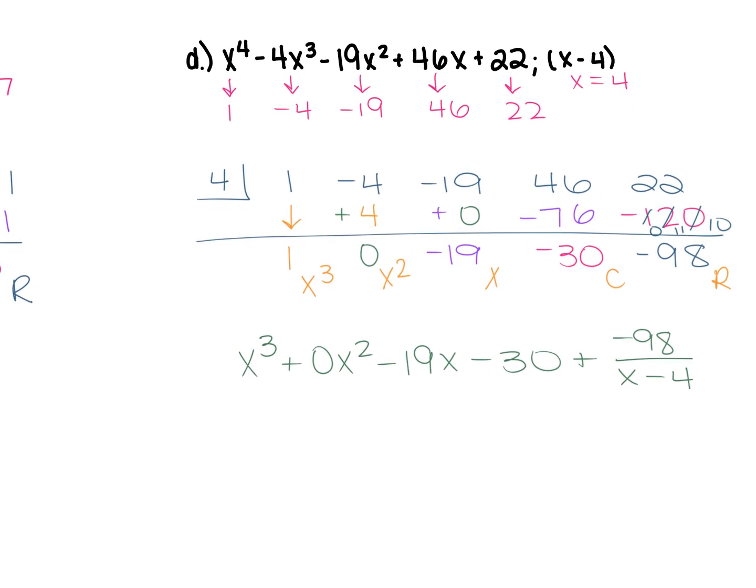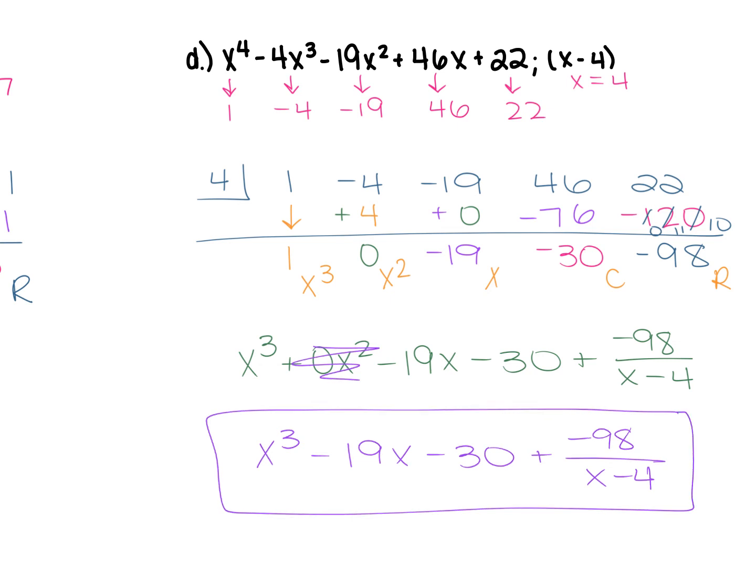You do not need that 0x squared, so you can rewrite this as x cubed minus 19x minus 30 plus negative 98 over x minus 4. You could also just do minus 98 over x minus 4. That's fine. You don't need the plus sign in it if you're going to pull that negative out of the 98 and put it in front of that fraction. But you can leave it like this where it's plus and then the negative up top.